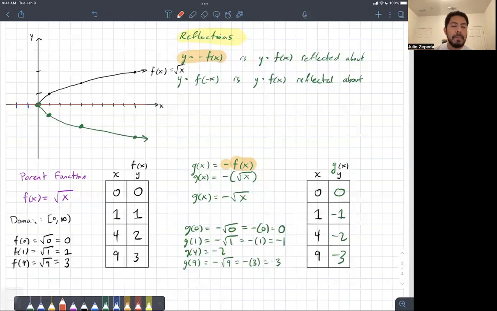It's like a mirror image across the x-axis, or sometimes said about the x-axis. So whenever you apply a negative to an entire function, you negate the function, you just reflect it about the x-axis.